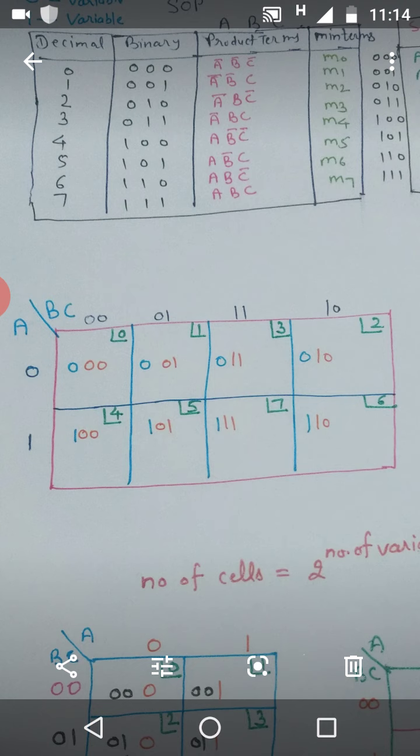Students, I think you have all observed here 00, then 01, after 01 it is not 10. Earlier if we count the binary numbers, these are 00, 01, 10 and 11. But in this diagram we have written 00, 01, 11 and 10. The concept must be clear to you. This is the main point while drawing the K-map.